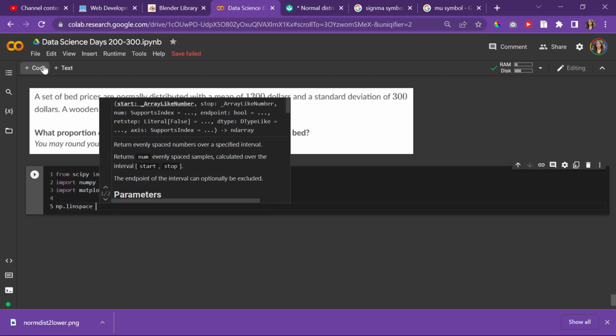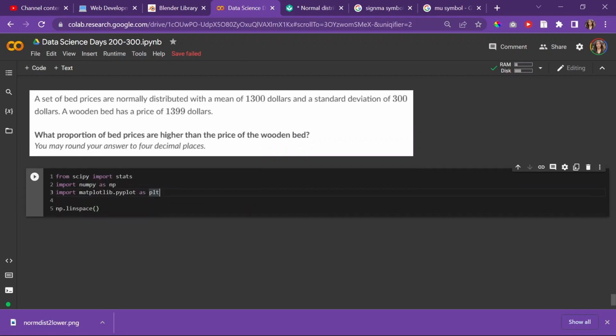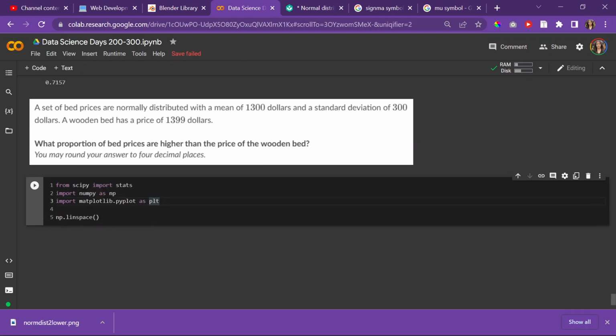The problem: a set of bed prices are normally distributed with a mean of $1,300 and a standard deviation of $300. A wooden bed has a price of $1,399. What proportion of bed prices are higher than the price of the wooden bed?